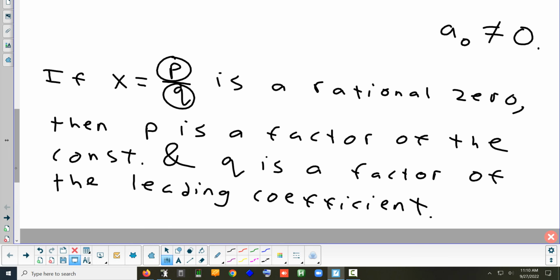If a polynomial has a place that it crosses the x-axis at a fraction, the top number in that fraction has to be a factor of the constant. The bottom number in that fraction has to be a factor of the leading coefficient.